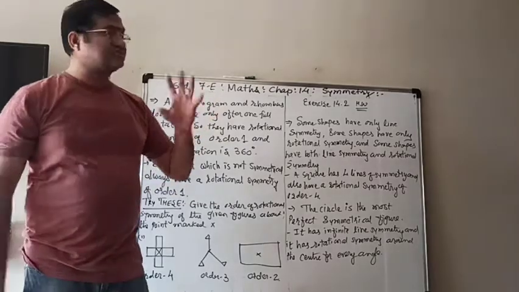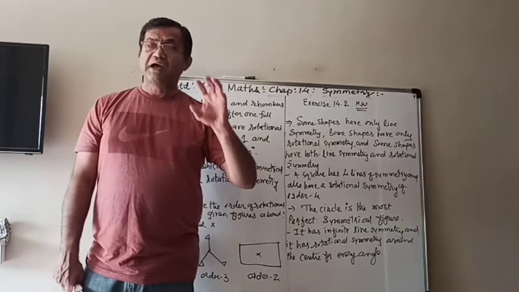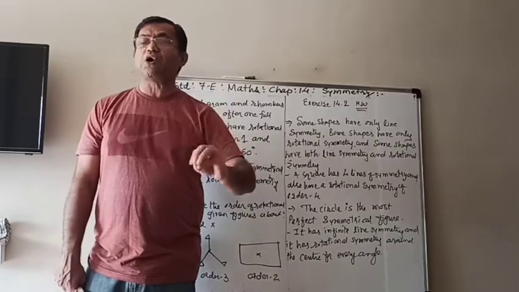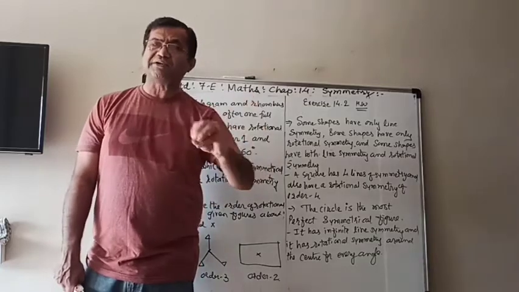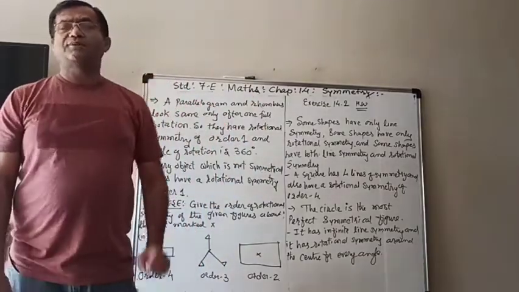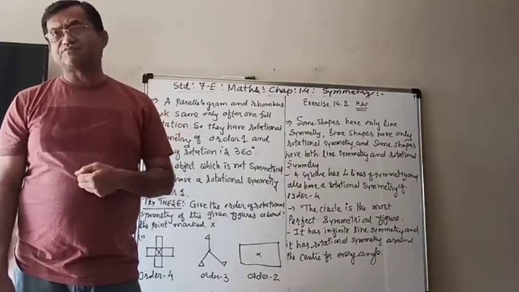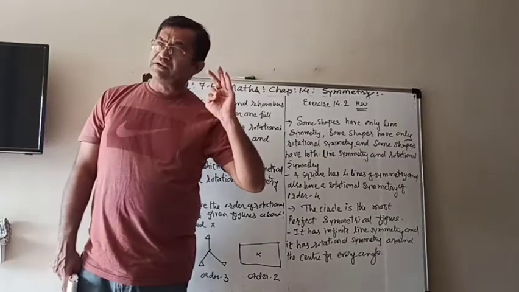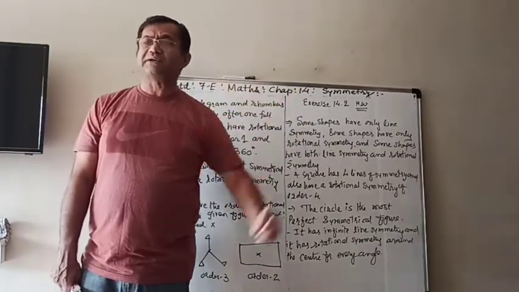If you think about the circle, we talked about it having so many lines of symmetry, infinite or unlimited lines of symmetry, because wherever you draw from the center, it will look exactly the same. So the circle has unlimited lines of symmetry.